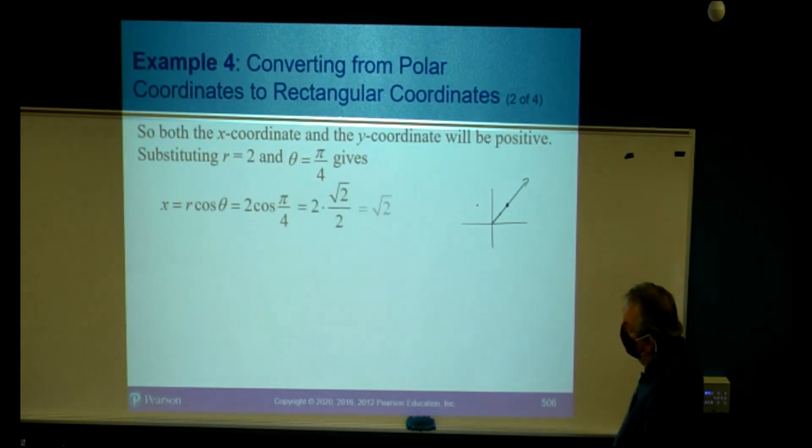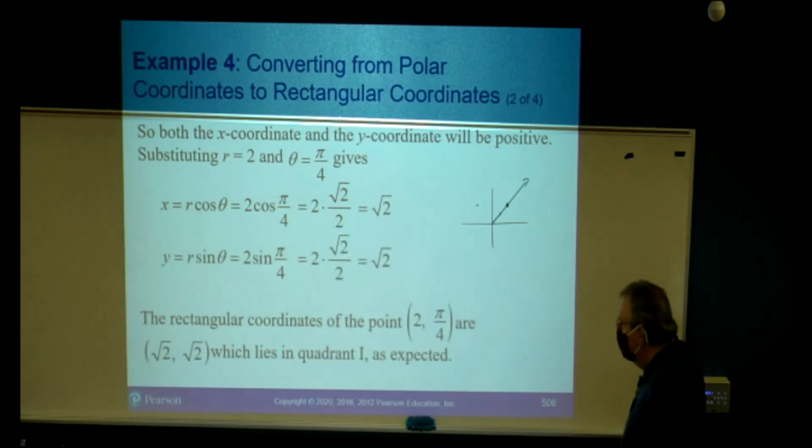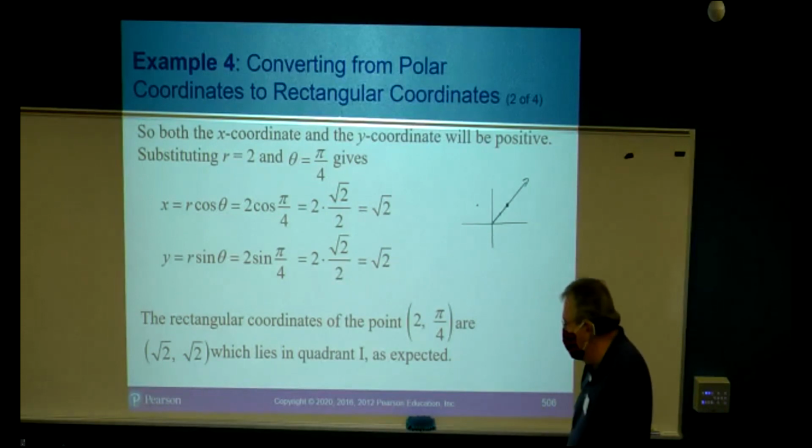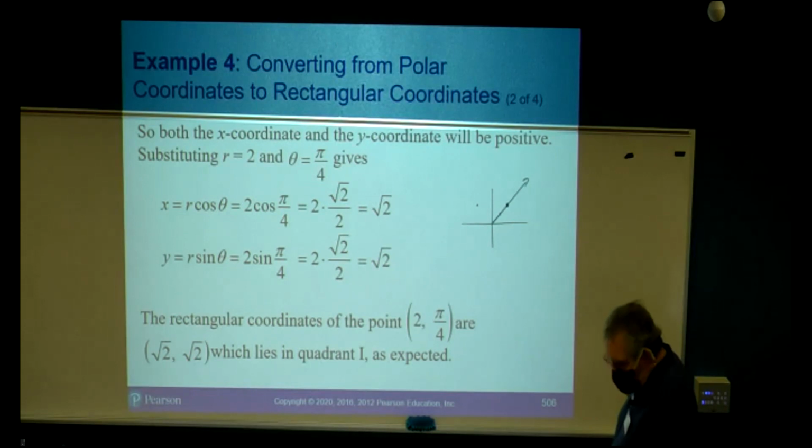And so they calculate what the x is, they calculate what the y is. And so the point in polar coordinates is 2, pi over 4, and its corresponding rectangular coordinates is going to be the square root of 2, comma, square root of 2, in the first quadrant.